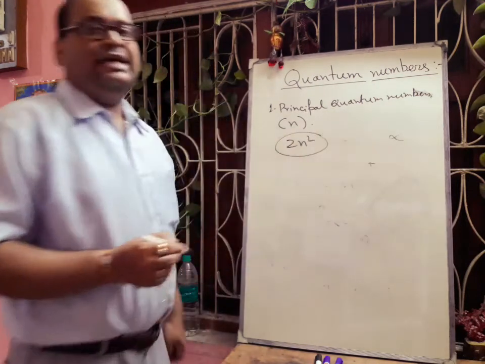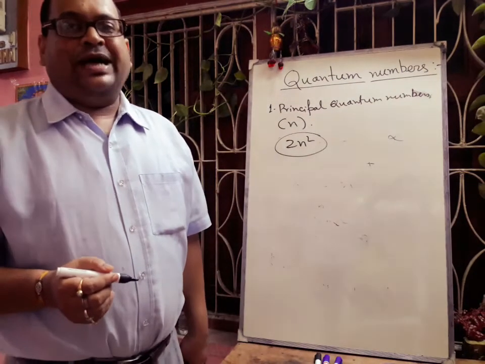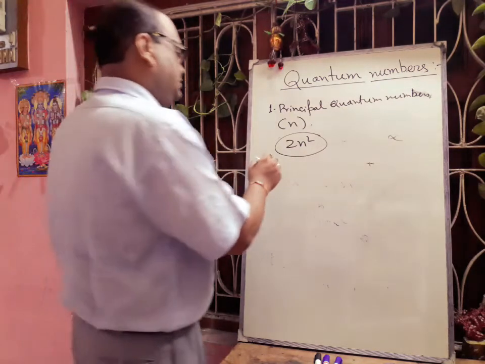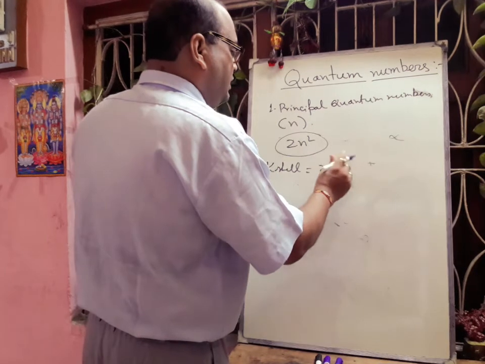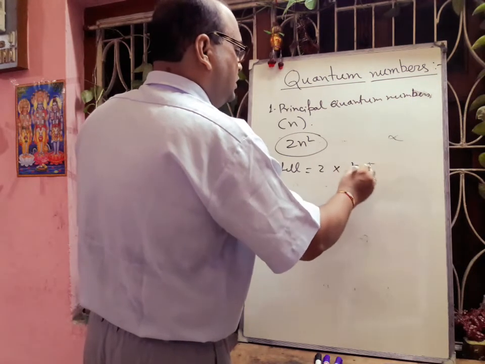Here, if we take an example, we can understand the maximum number of electrons in the K shell. For the K shell, it will be 2 into 1 square, that is 2.